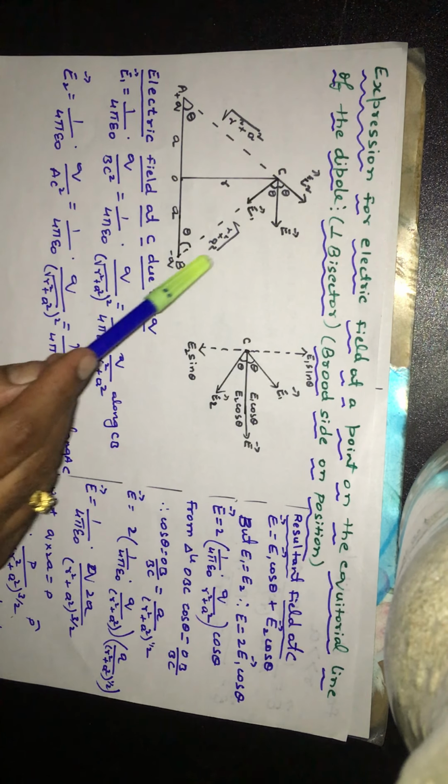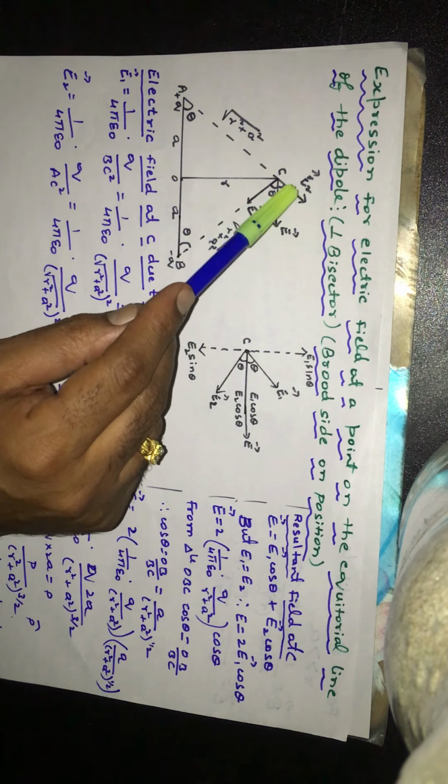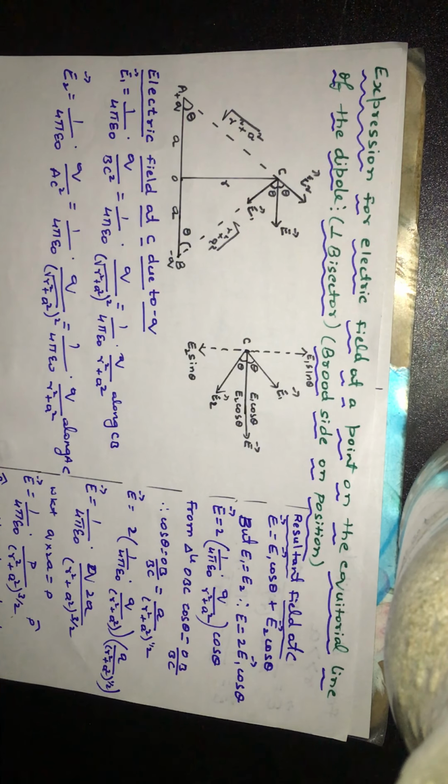But if you think of a unit positive charge at C, that unit positive charge at C would be attracted by minus Q. Hence the electric field at C due to minus Q is along CB. That's what I have written here.